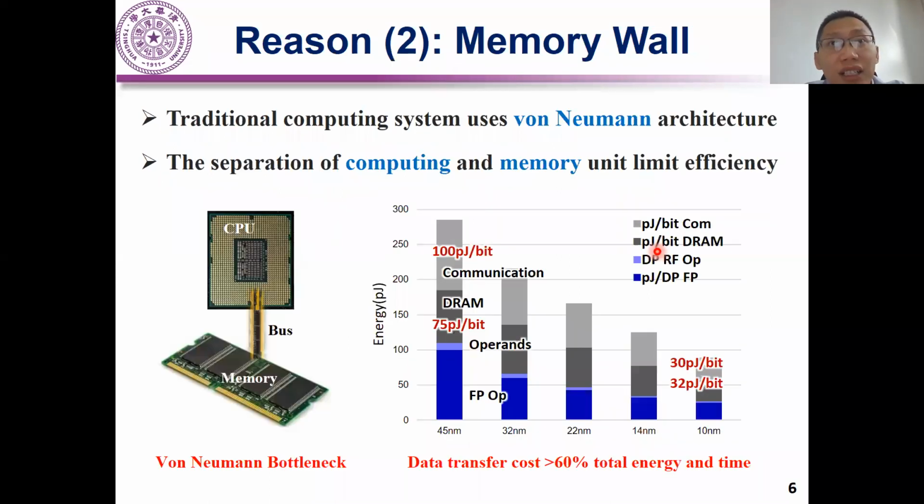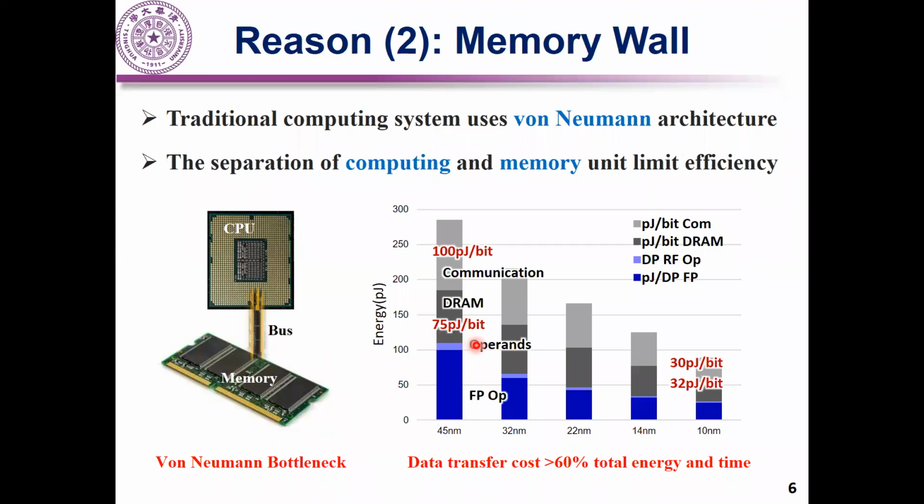In this architecture, the computing unit and the memory unit are physically separated, and the data need to transfer frequently between the computing unit and the memory unit through buses. So in this case, the data transfer and the memory access consume a lot of useless energy and time. This is the so-called memory wall issue.